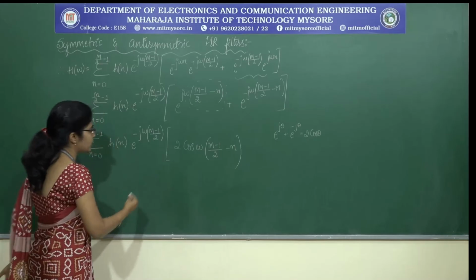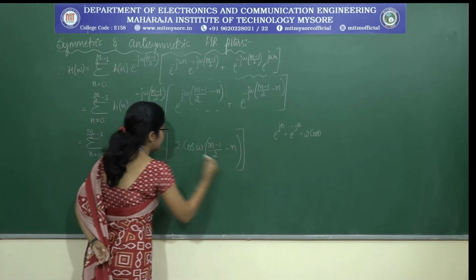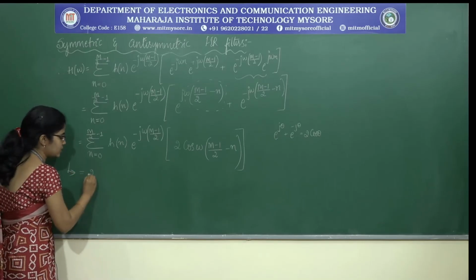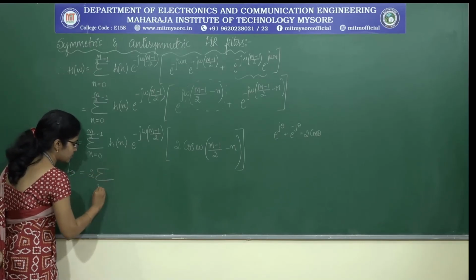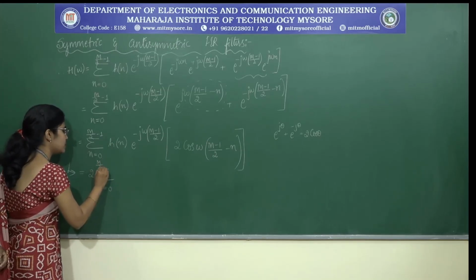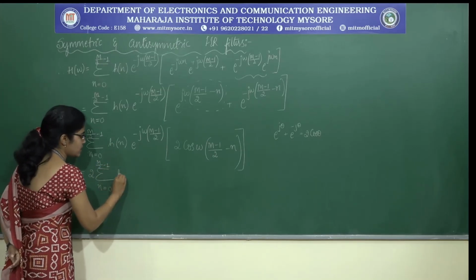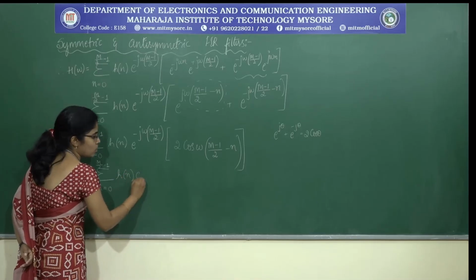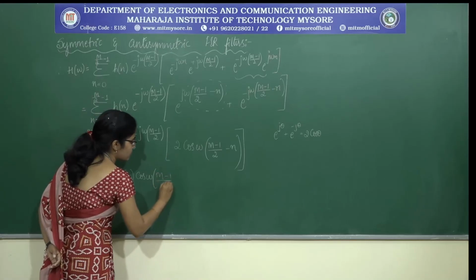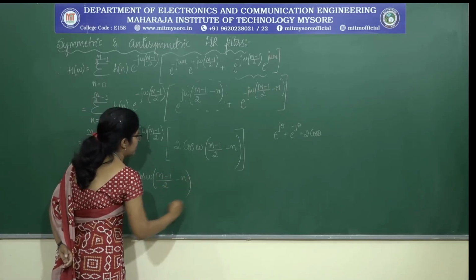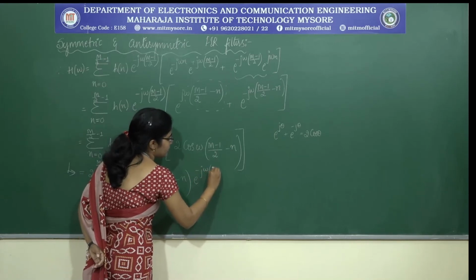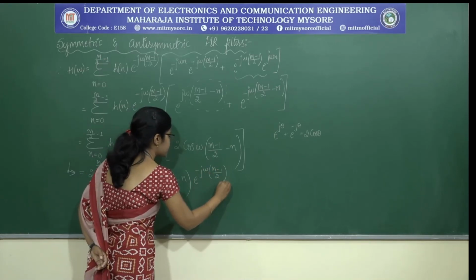If I just rewrite the equation by taking 2 outside the summation, h of omega will be equal to 2 into summation n ranges from 0 to m by 2 minus 1 h of n cos omega m minus 1 by 2 minus n into e power minus j omega m minus 1 by 2.